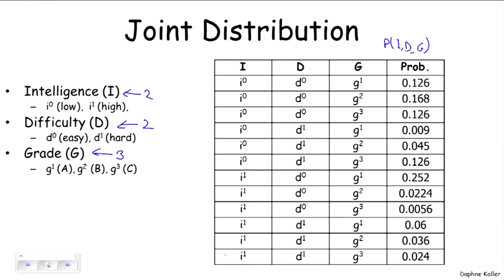And let's think about how many entries are in such a joint distribution. Well, since we have 3 variables and we need to represent the probability of every combination of values for each of these 3 variables, we have 2 times 2 times 3 possible combinations for a total of 12 possible values that we need to assign a probability to. So there's 12 total parameters in this probability.